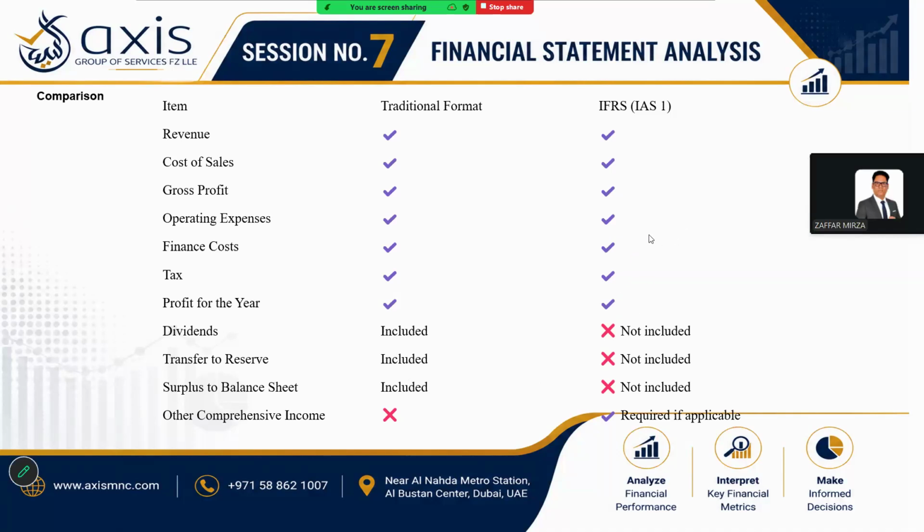Here in IFRS, dividend will not be taken, transfer to reserves will not be taken, surplus to balance sheet also will not be taken. If required, where will it go? It will go to the changes in equity schedule. It will not form part of the income statement.